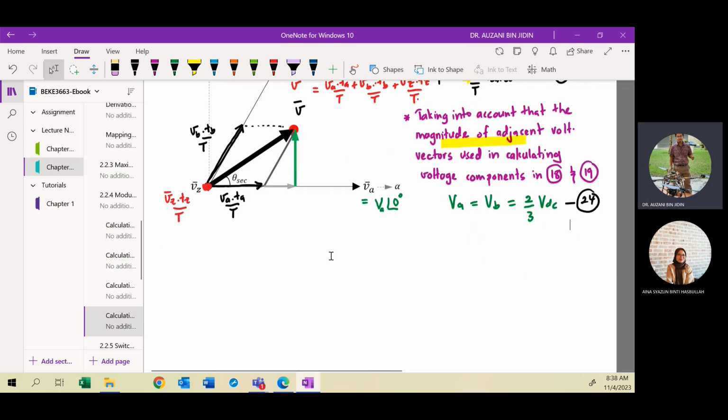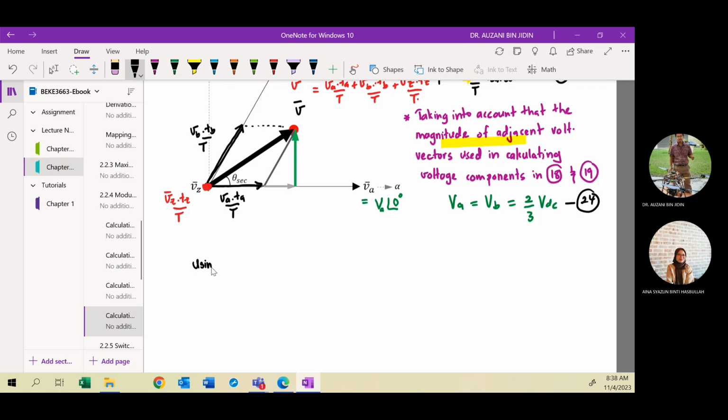So now you can calculate or obtain the on duration for TA, TB, and TZ, using equations 18, 19, and 24.